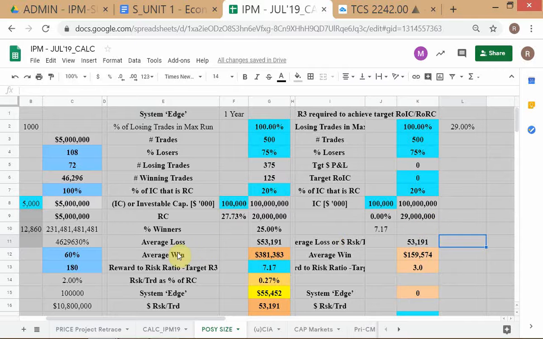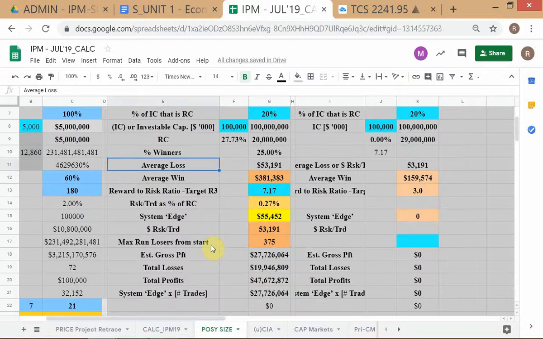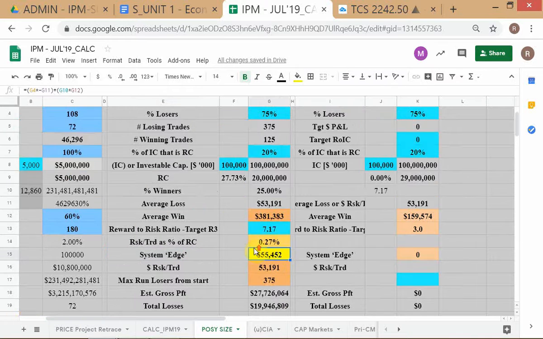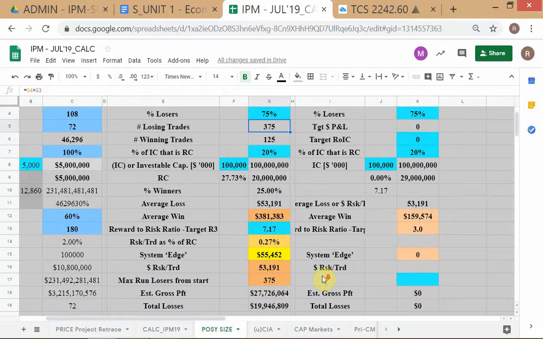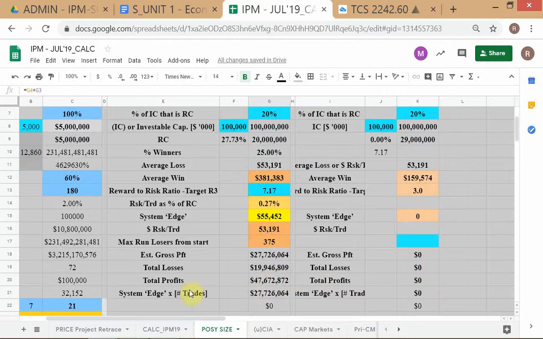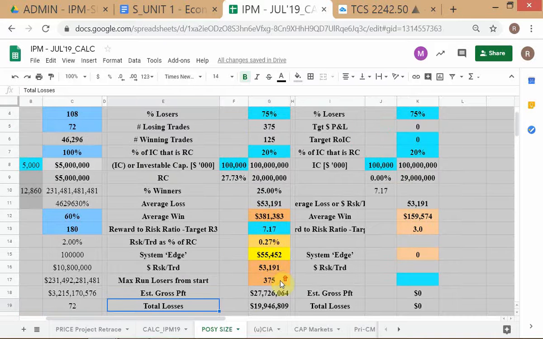Okay, so before this we have to clarify one more point from the system edge calculation. If you look at the system edge, and at the total number of losing trades, 375, there's a concept of gross loss, or total losses.